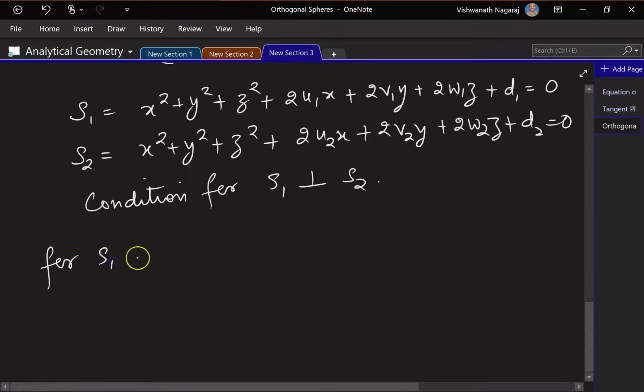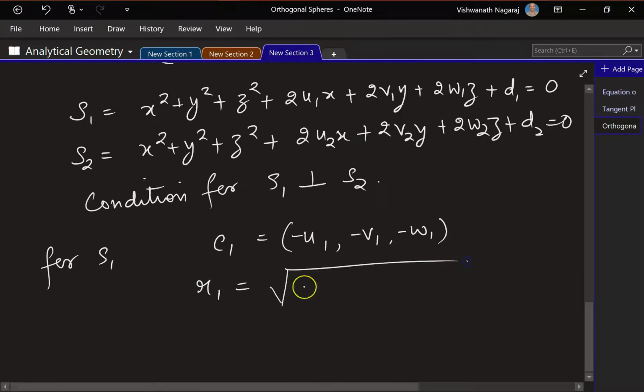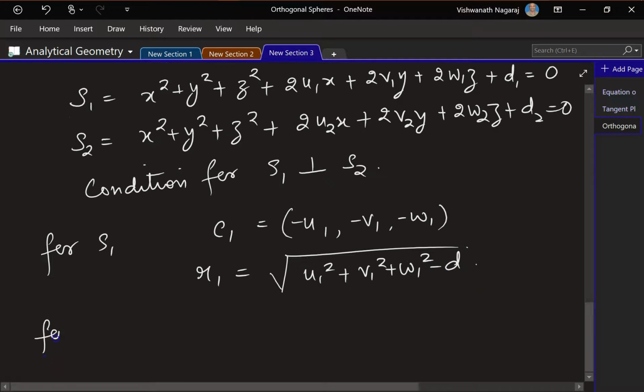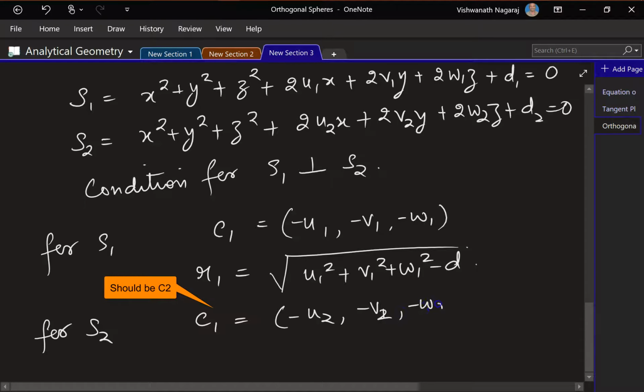For S1, the center would be minus u1, minus v1, minus w1, and the radius would be square root of u1 square plus v1 square plus w1 square minus d1. Similarly, for S2, the center is minus u2, minus v2, minus w2.